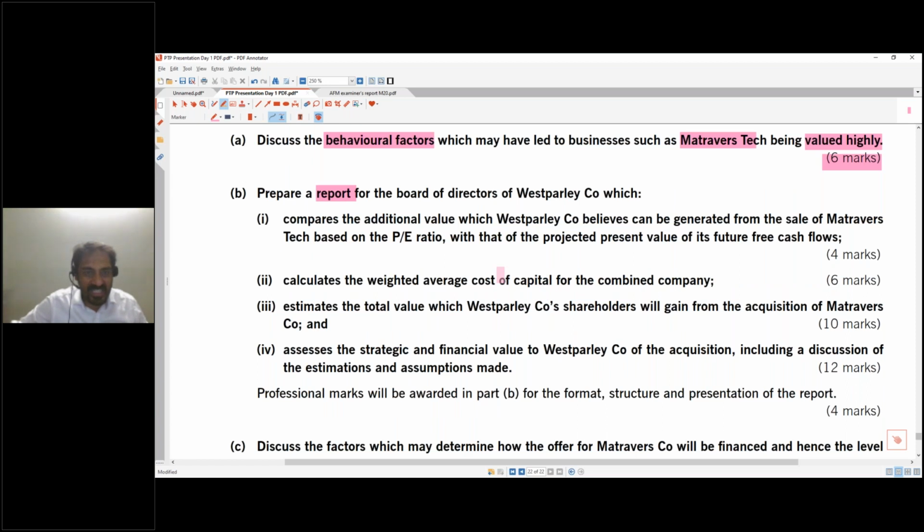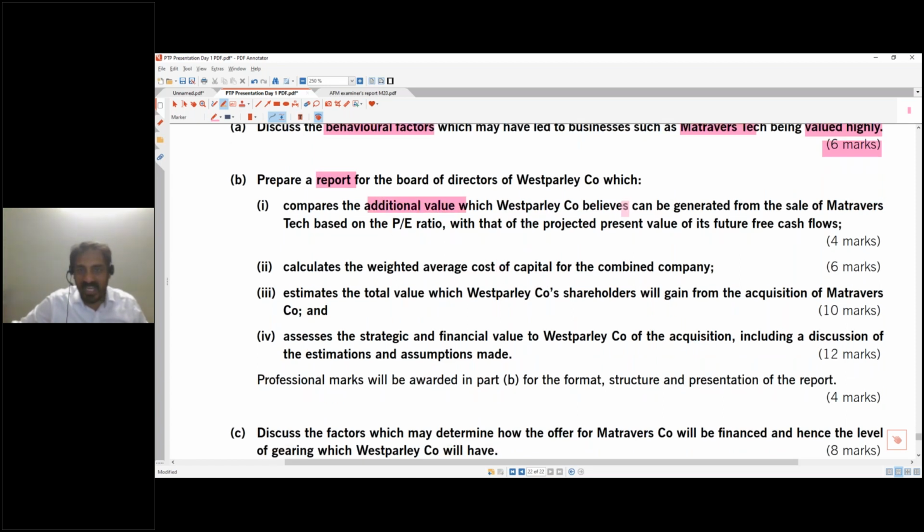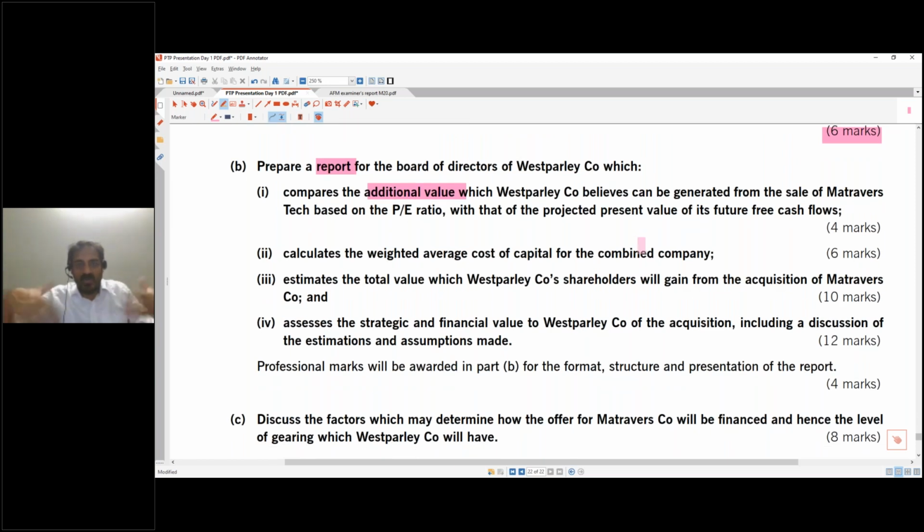Compare the additional value which West Parlay company believes can be generated from the sale of Metaverse tech based on the PE ratio with the projected value of the initial cash flows. Okay, this is the first time you are reading the requirement, so just go through it.